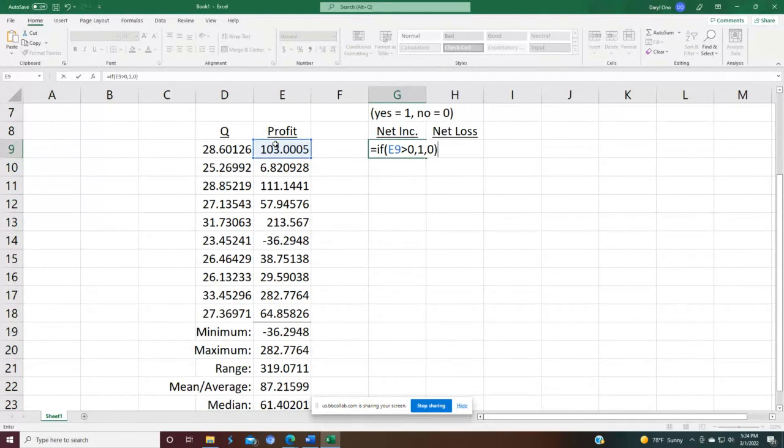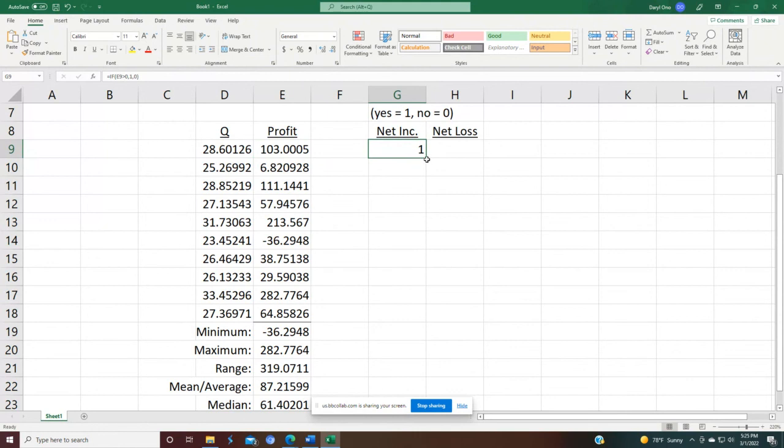So if the profit is greater than 0, you put 1 for net income, 0 for no, it's not. Okay. So here we hit enter. 1, that makes sense. This is a profit.